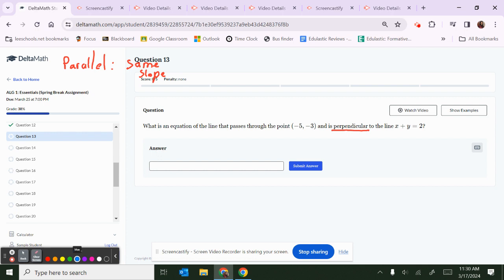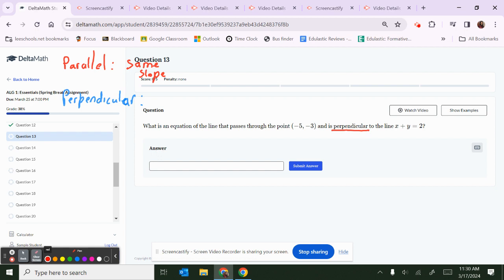Perpendicular, however, means something different. Perpendicular means that for your slope, you're going to have to do the negative reciprocal. What I mean by the negative reciprocal is that you change the sign of whatever your slope is. If it's positive, it turns to a negative.